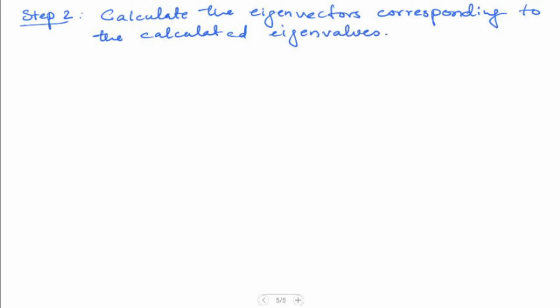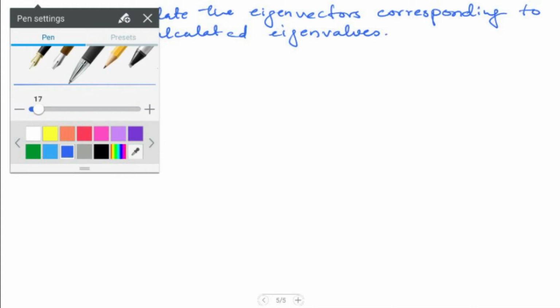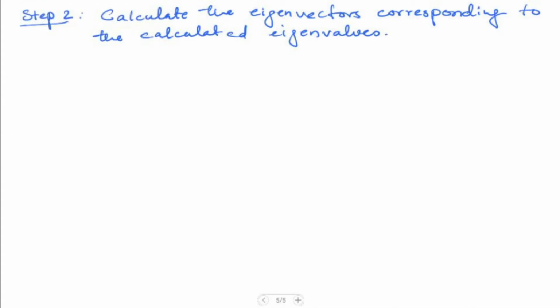So we have to find out now the eigenvectors for the eigenvalue 7 and eigenvalue 1. Let's start with eigenvalue 7.